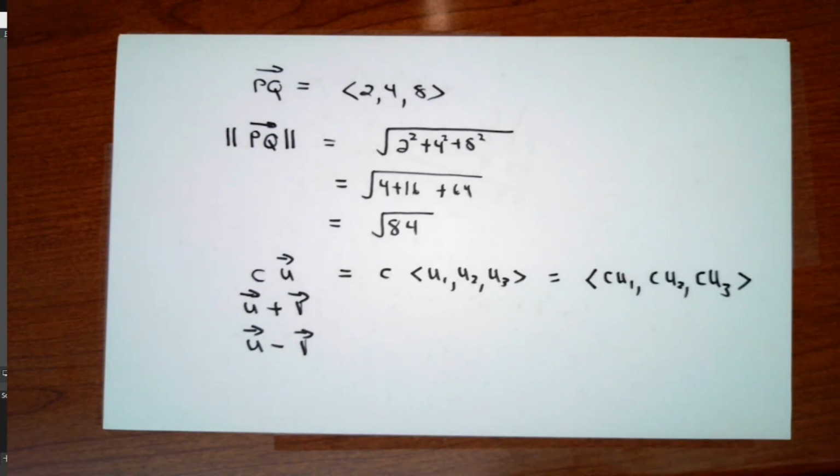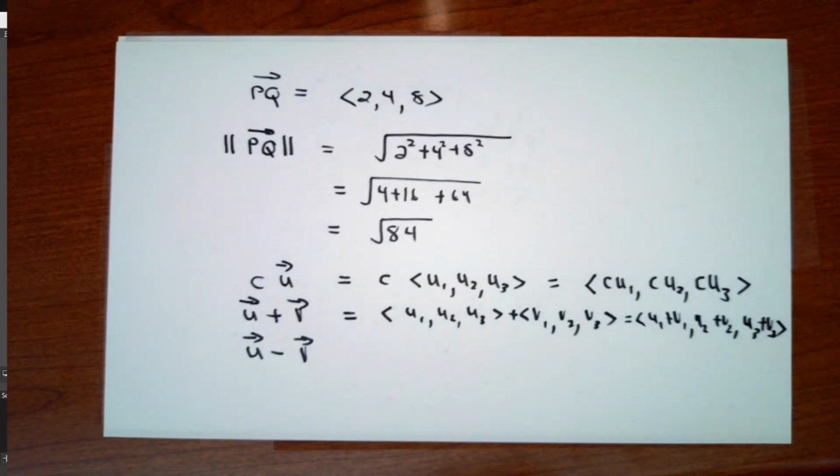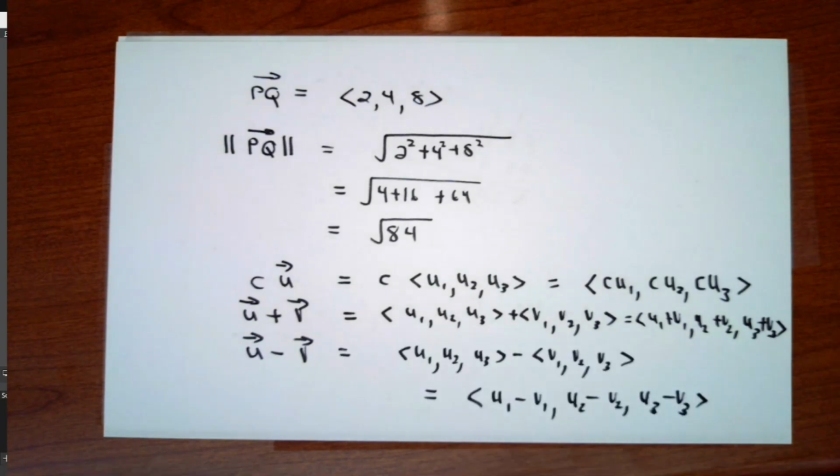The exact same reasoning will convince us that that's what we should do in 3 dimensions as well. If I want to add vectors together, as in 2 dimensions, I add corresponding components. Likewise, if I want to subtract 2 vectors, I'll subtract them 1 component at a time.